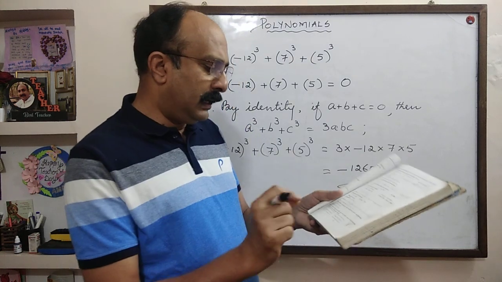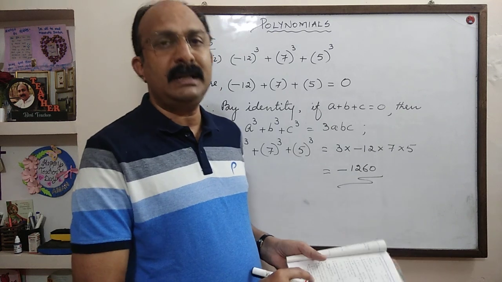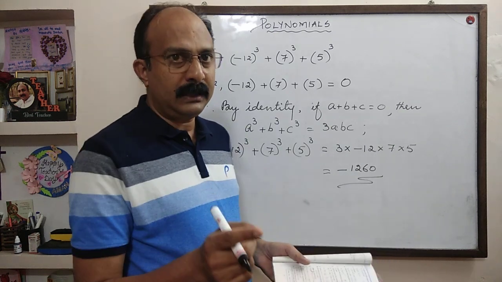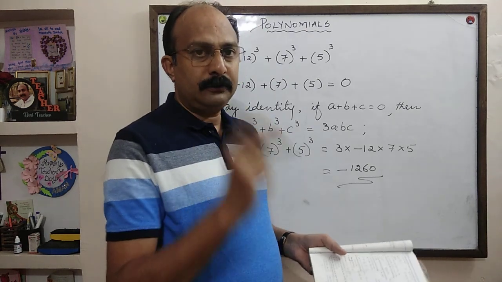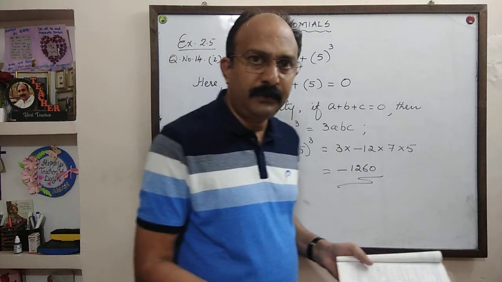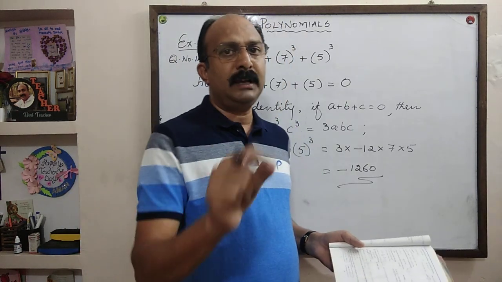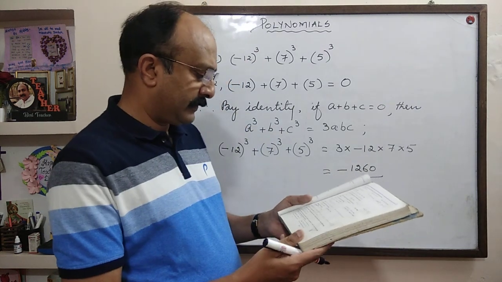That is 3 into 28 into minus 15 into minus 13. The answer will be positive because there are two minus signs; minus minus will become plus. Okay, do it as homework.